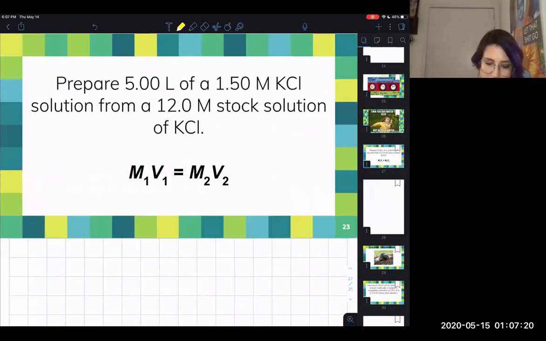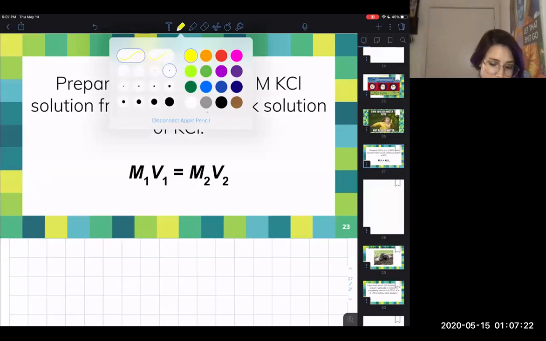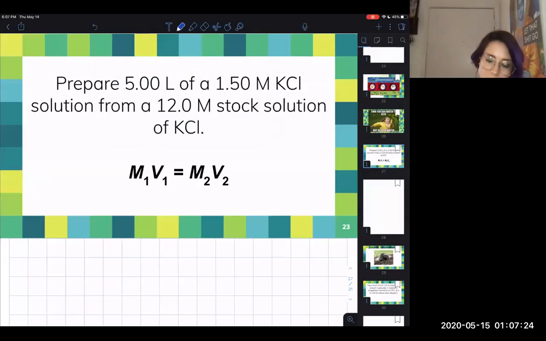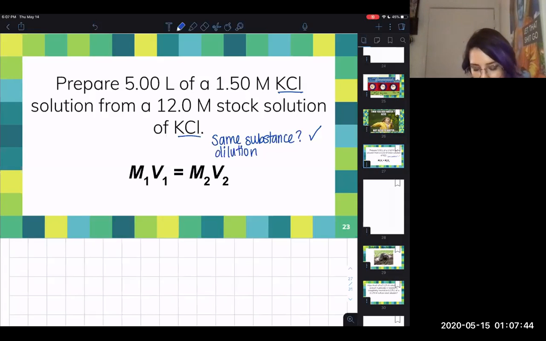So here's an example when I can use M1V1, because see how this is the same substance before and after? Same substance, check. It doesn't have the word dilution in it, but I can tell from the same substance, and I am diluting it. Am I diluting? That means, am I making it less concentrated?